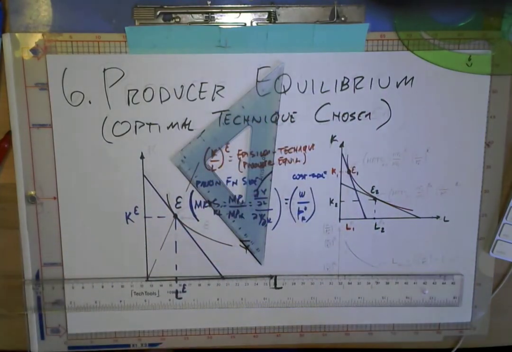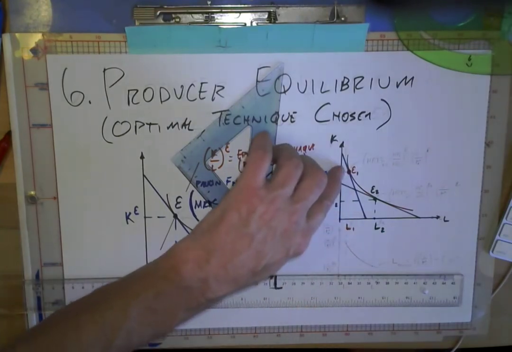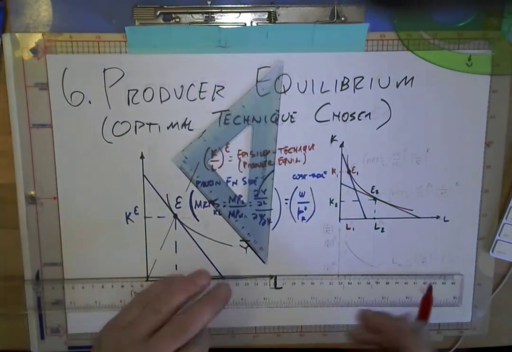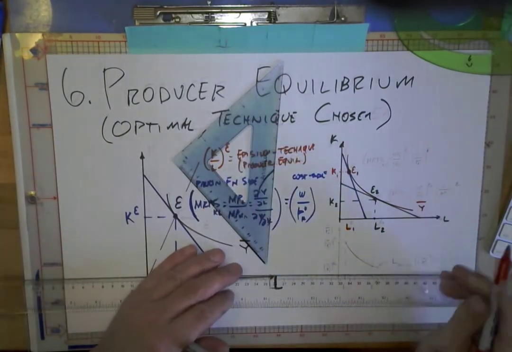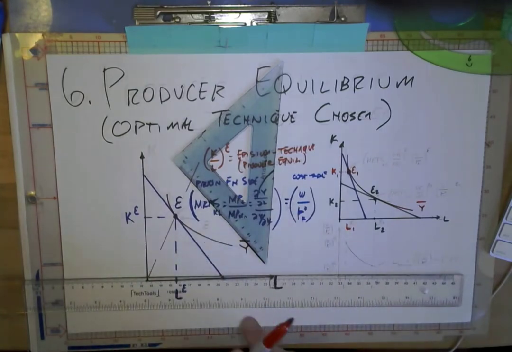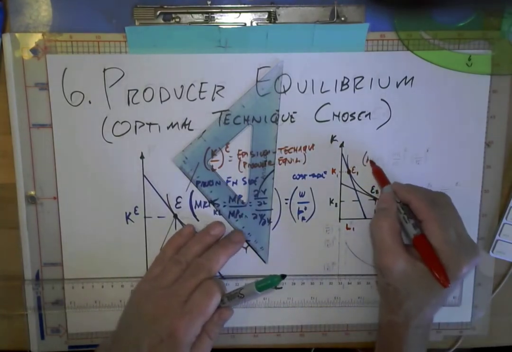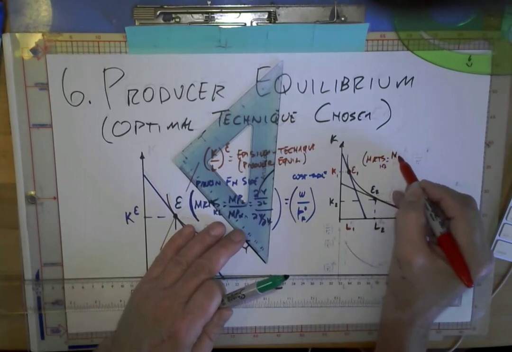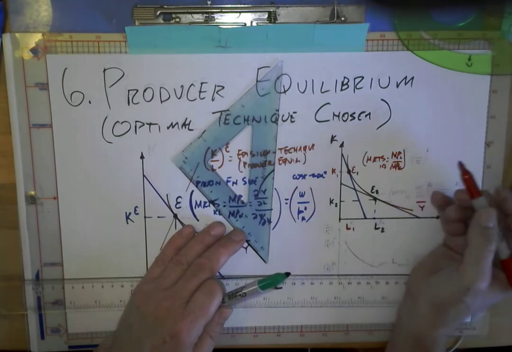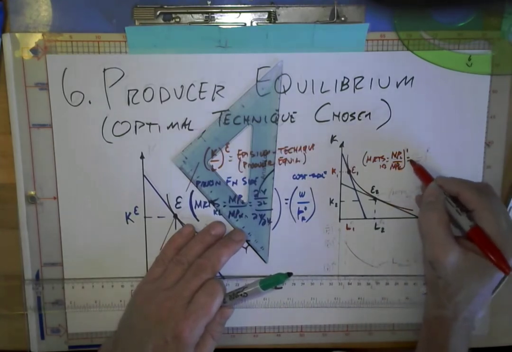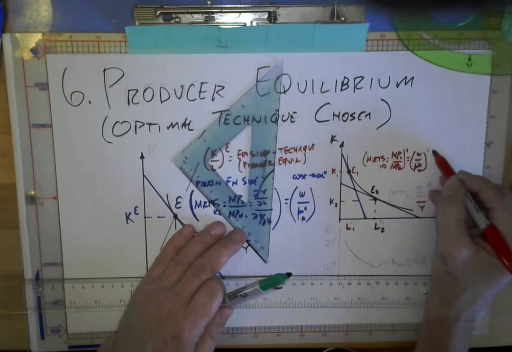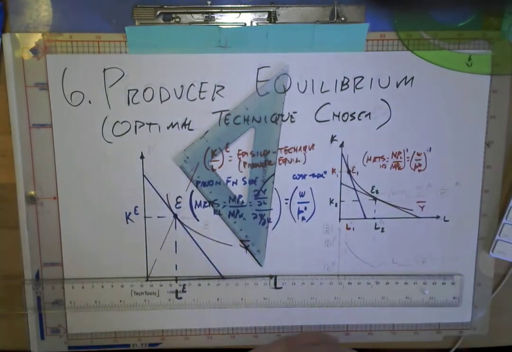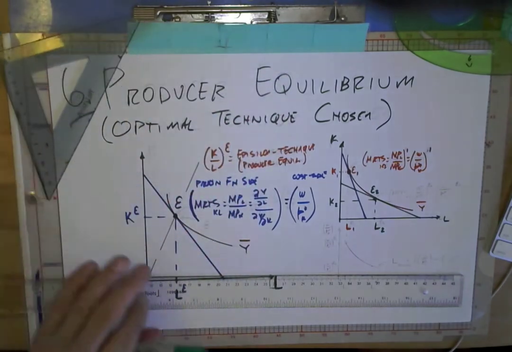You can see that as the wages are higher, and remember, the output is going to be the same along that isoquant. So this says that the marginal rate of technical substitution of capital for labor, the marginal product of labor over the marginal product of capital, for the first technique is equal to the wage-profit relation, or the factor price ratio for that first technique.